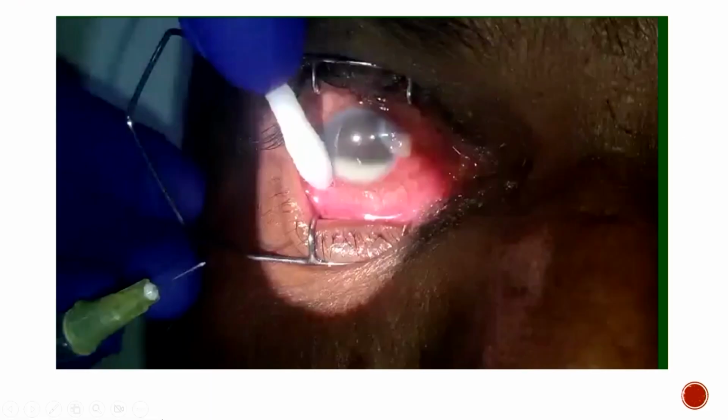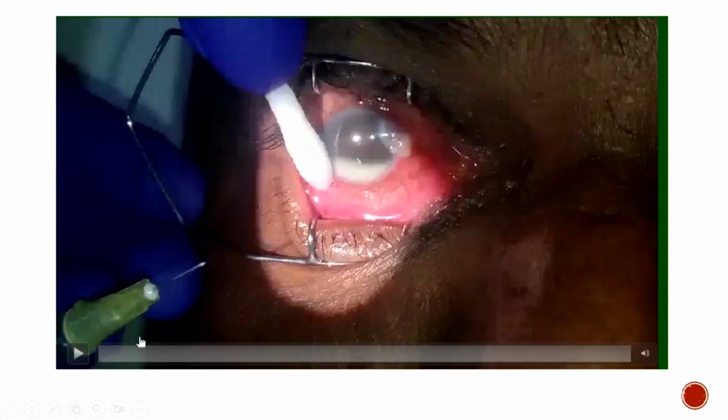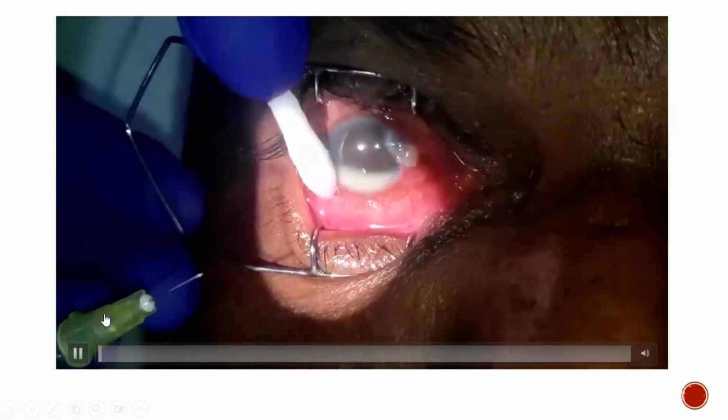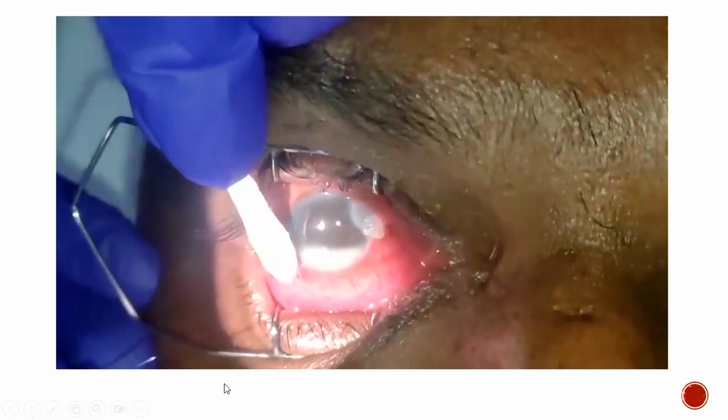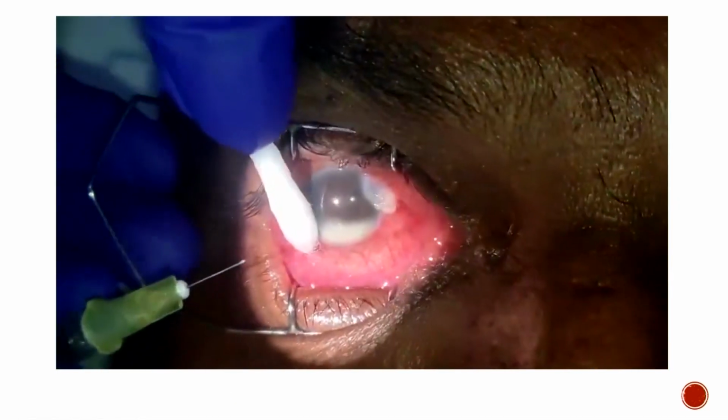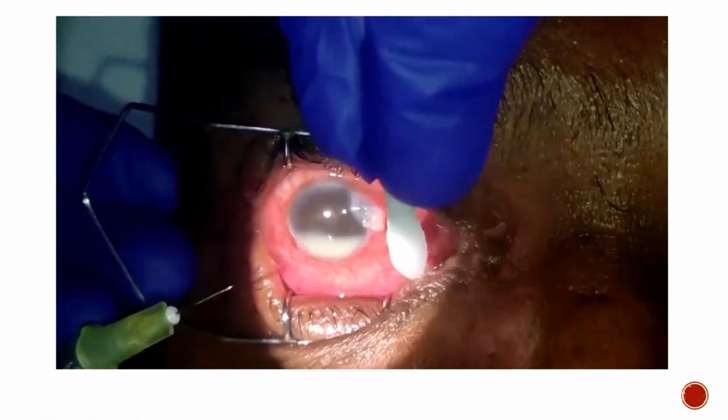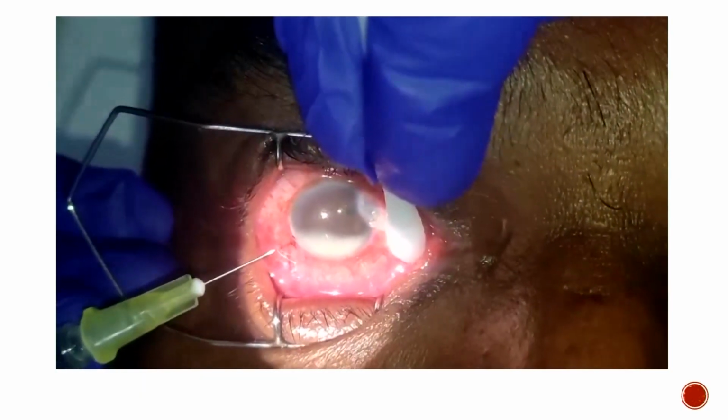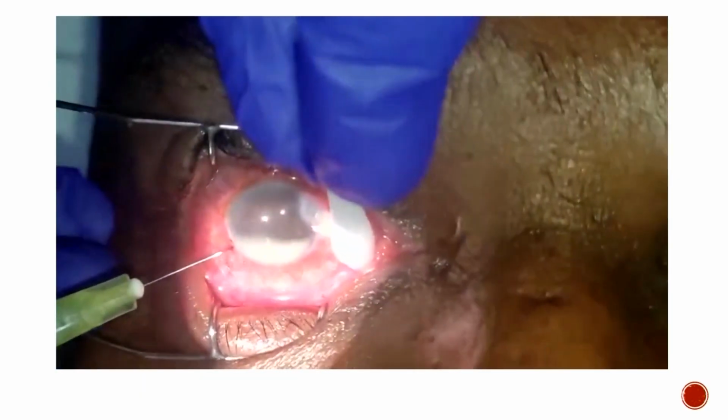So this is a video depicting the method for AC tap. After exposing the eye with the eyelid speculum, the patient is told to look in primary gaze, stabilizing the eye with a cotton tip applicator.